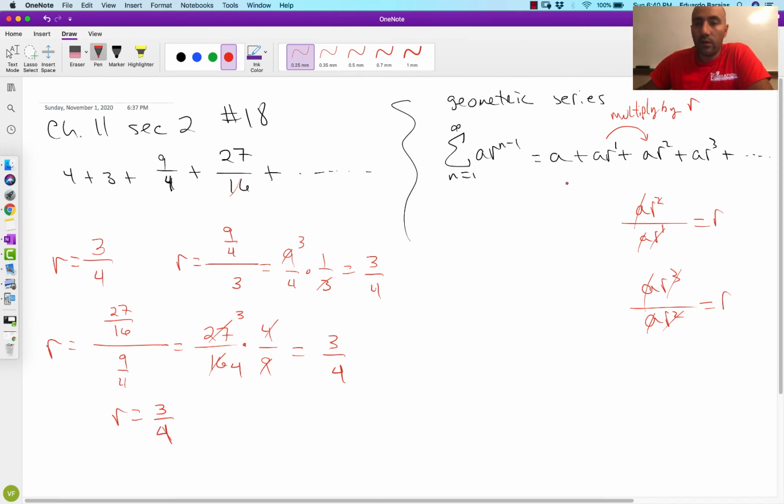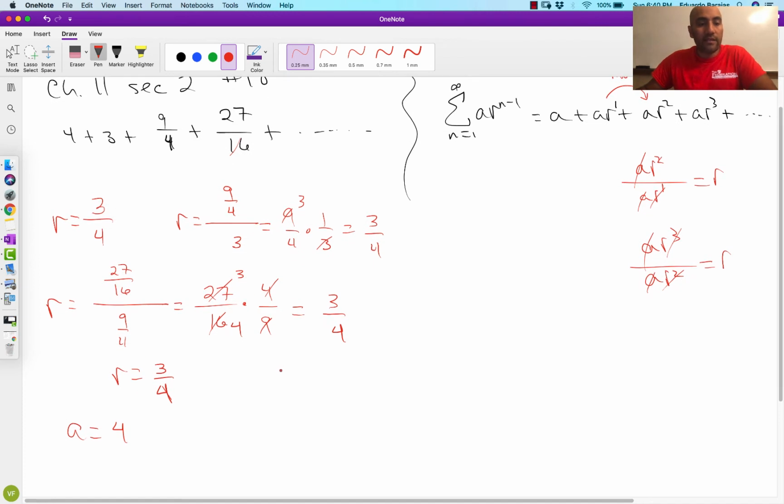And then a equals that first term, so a equals 4. Let's put it into our series and just guess and check to see if any tweaks need to be made.